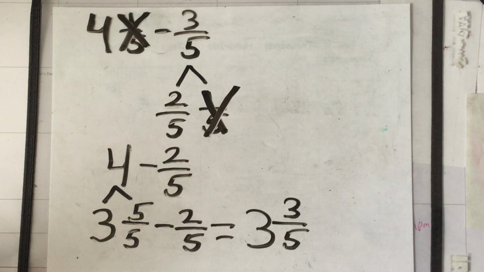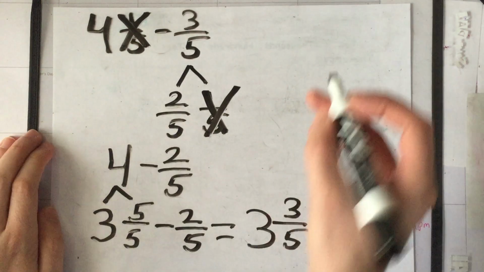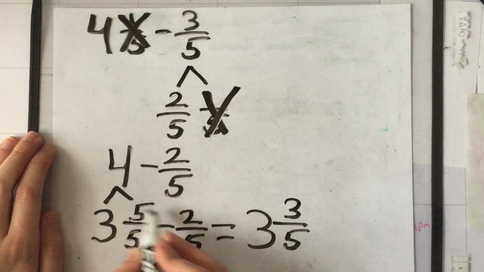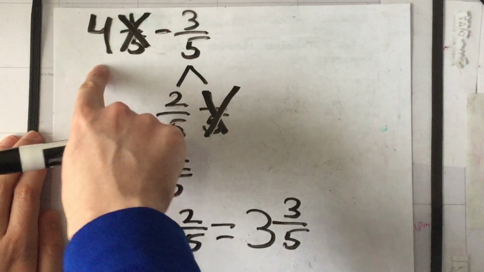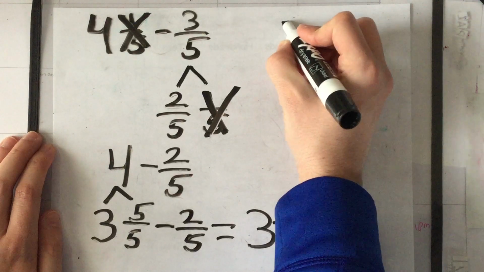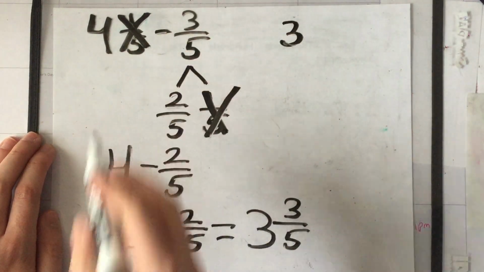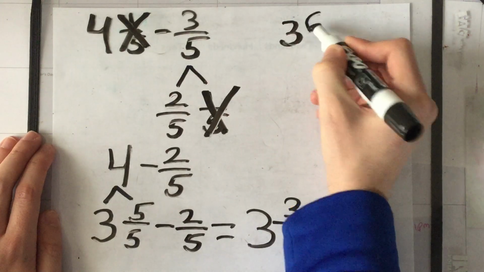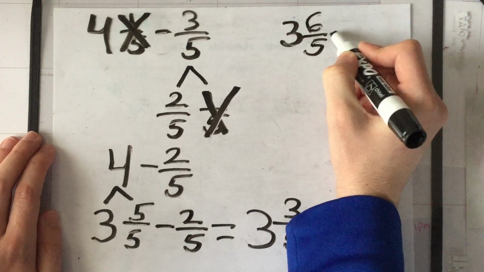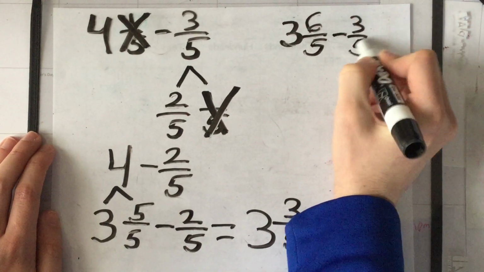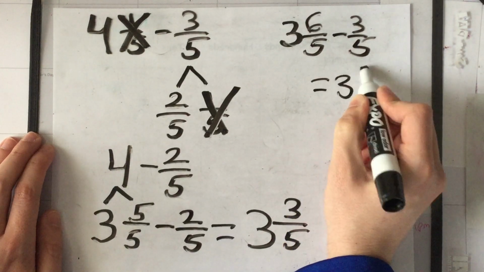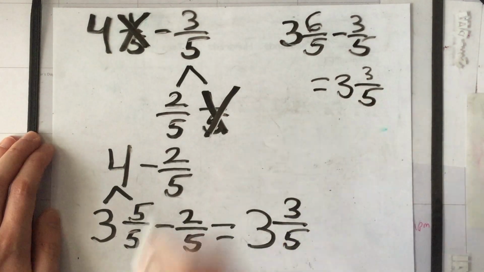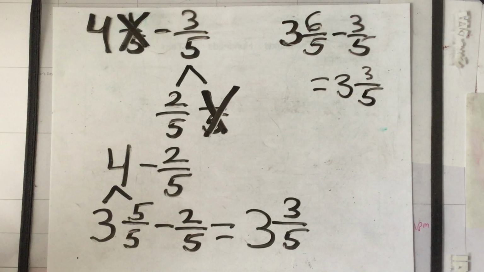I want to talk about another way that we could have solved this. Another thing that we could have done is we could have taken this 5/5. We could have borrowed, right? We could have borrowed and taken those 5/5 and added it to our 1/5. So we had something like this, and we would have gotten the same answer.